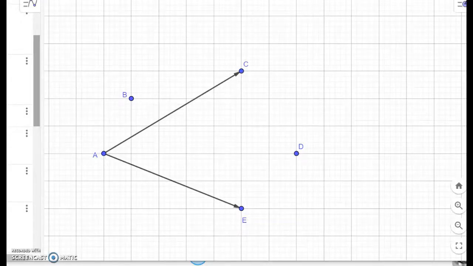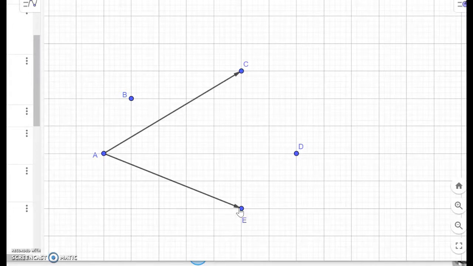For example, one way is to start from C and draw a vector which has the same direction as vector AE, same sense and same magnitude. So draw point M such that CM equals AE to get the fourth vertex of the parallelogram.